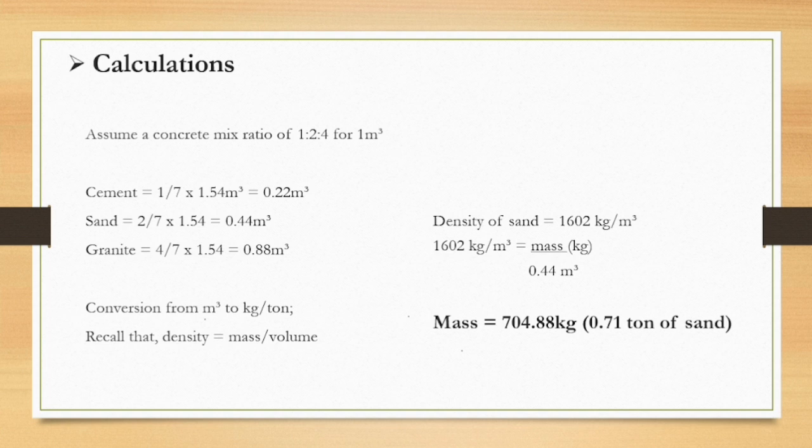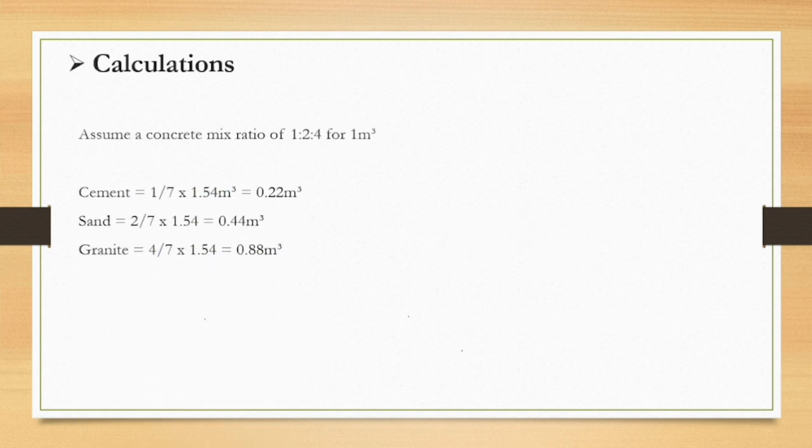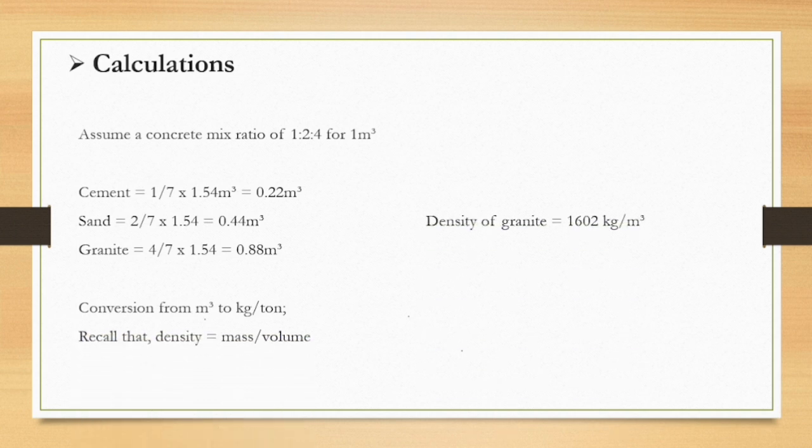Let's go for granite, just the same process. So we know this value as usual. So you can just convert from meter cube to tonnage or to kilogram. We have our density. Density of granite is 1602. However, some people use 1600 for the density of sand and granite, but I prefer to use 1602 to cater for some waste as well.